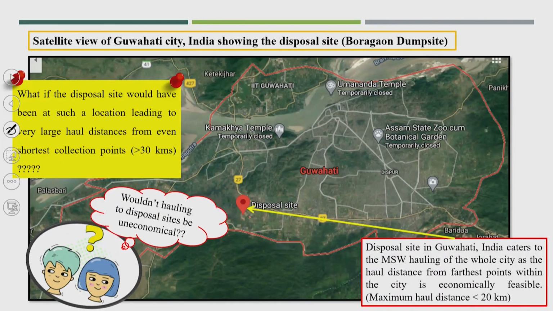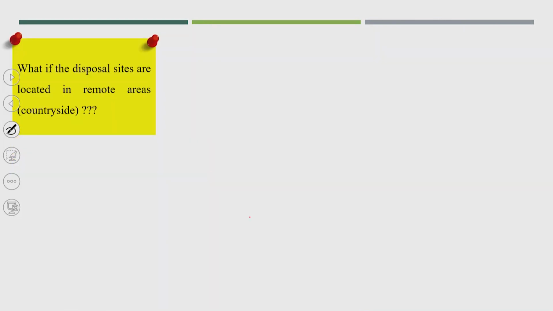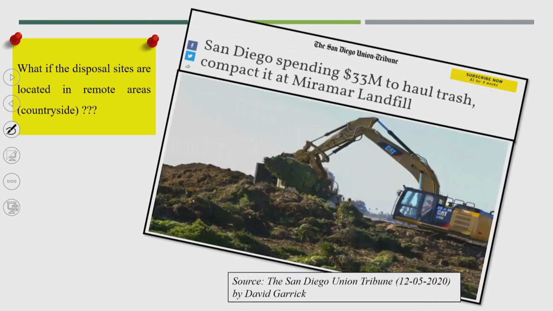So, what will be the idea for that? Suppose that the waste site is located in a remote area or countryside, very far, maybe 50 kilometer, 60 kilometer. You see here this example from the US.